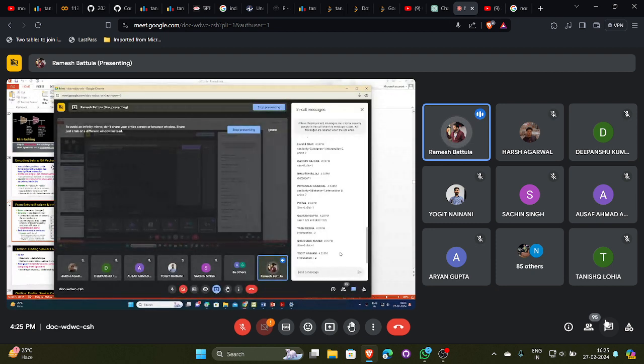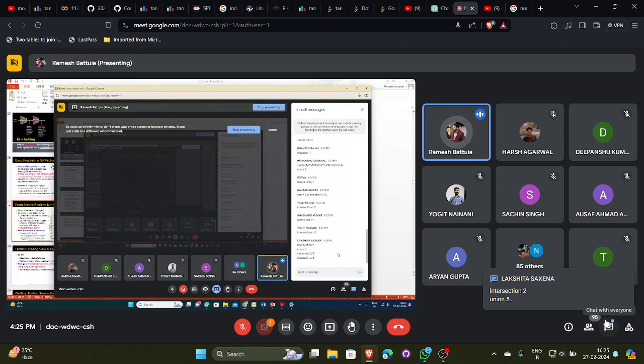Now the intersection is 2 and the union is 5. So the similarity is going to be 2 by 5 and the distance is going to be 3 by 5.